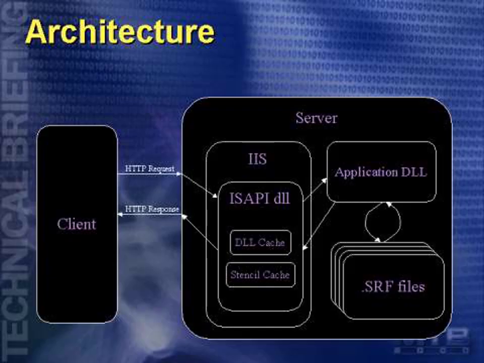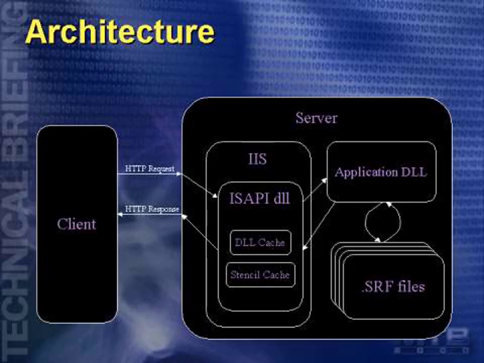You can think of those as HTML stencils, and Pranish will talk a bit more about these. Those HTML files, those .srf files, are associated with the ISAPI DLL. So when the HTTP request comes in and says, go get me the .srf file, we'll go get the .srf file, trigger the ISAPI DLL, and then hand the SRF file off to the ISAPI DLL.